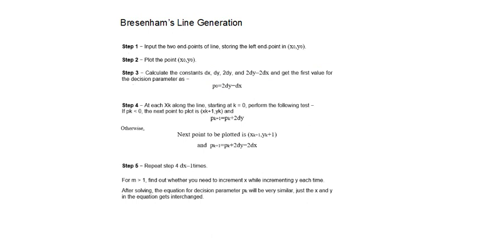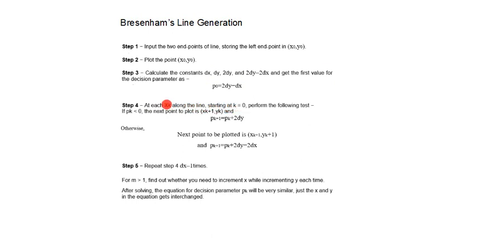We will calculate it like here, like P naught. The first value is 2 dy minus dx. That is the first value. Now after calculating the decision parameter, step 4 is important. It will actually decide what point has to be plotted. So at each xk along the line, starting at k equal to 0.